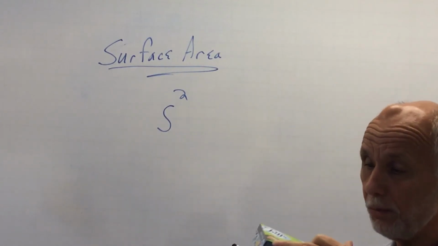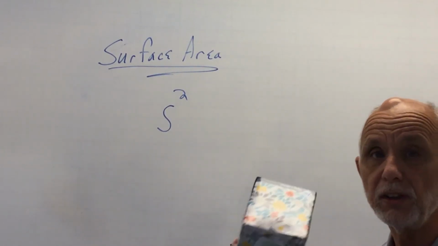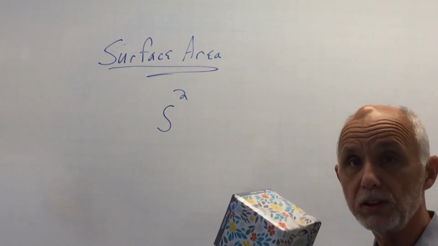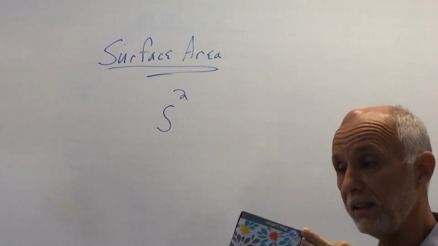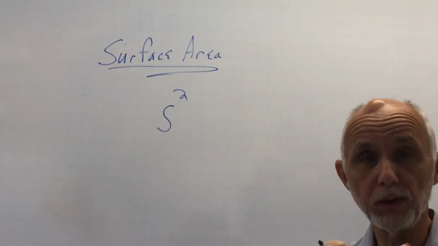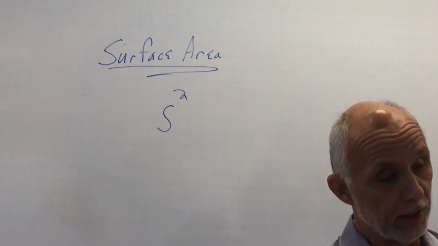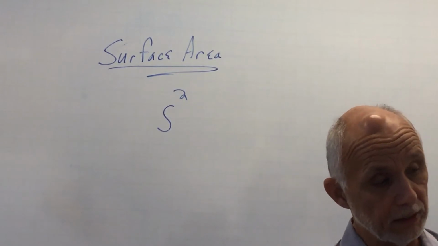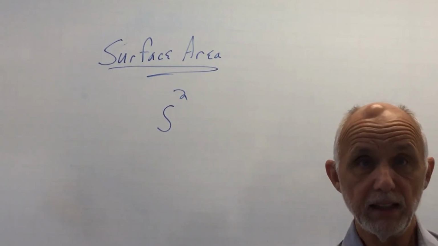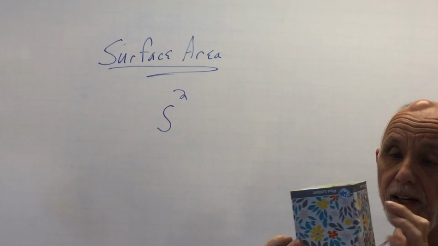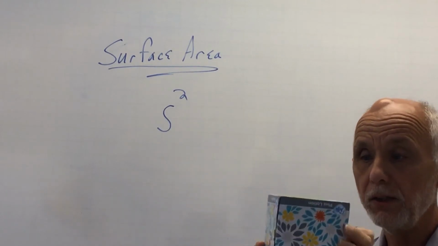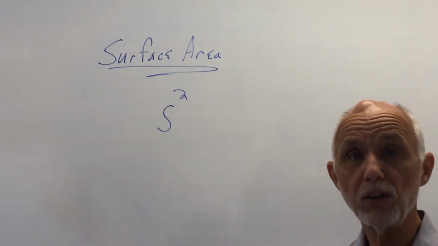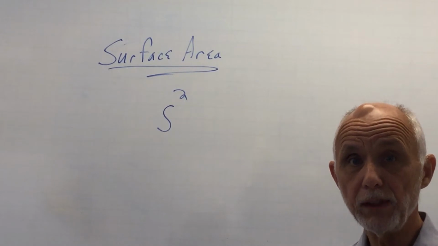But in a cube, all of these sides, they're called edges sometimes, are the same length. So this side and this side are the same as this side and this side. So when you find the area of one of them, you've actually found the area of all 6 separately.